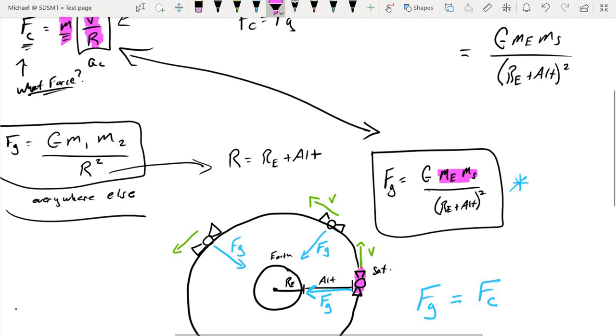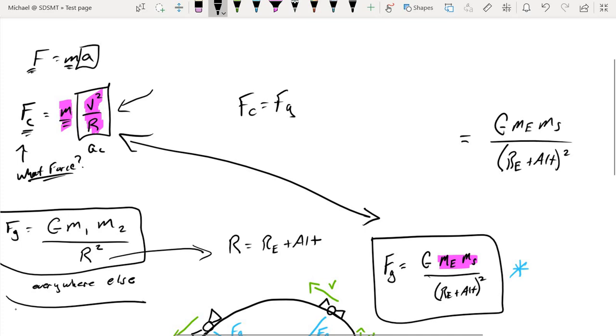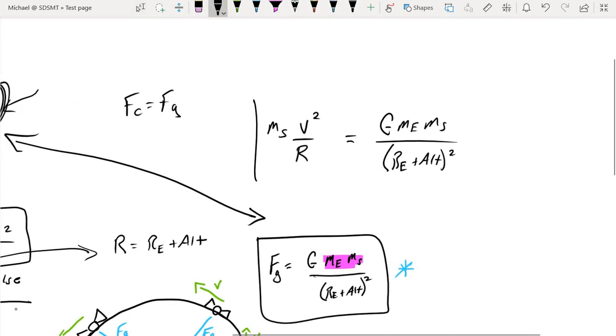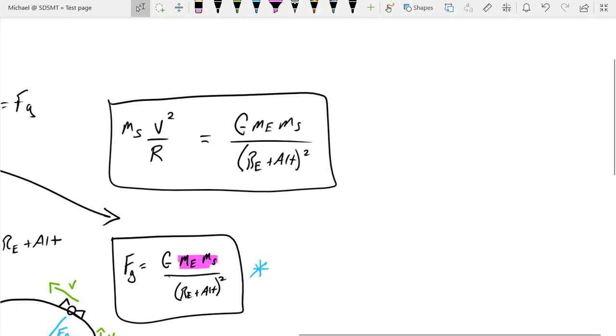And so that is going to be the satellite. So we now have mass of satellite times our centripetal acceleration term, which is v squared over r. And we now have an expression that describes the motion of this satellite as it orbits around the Earth.